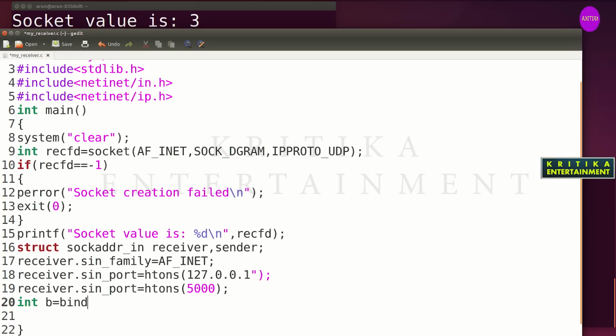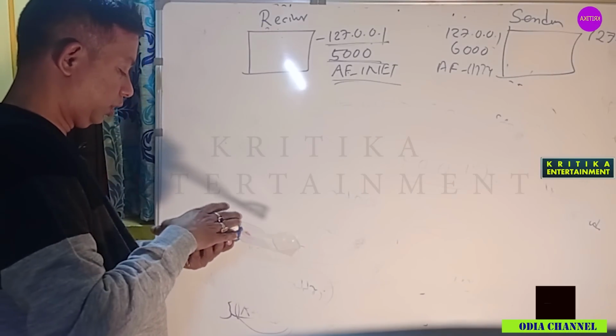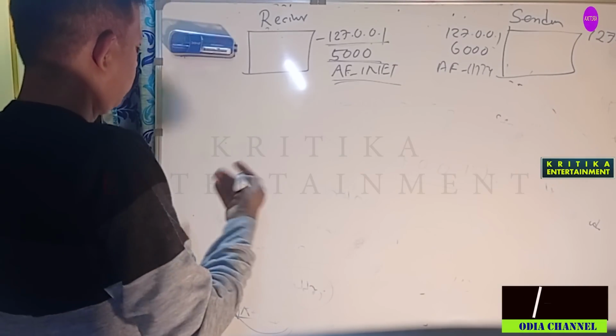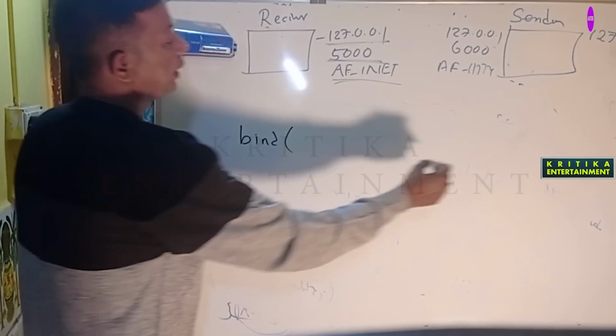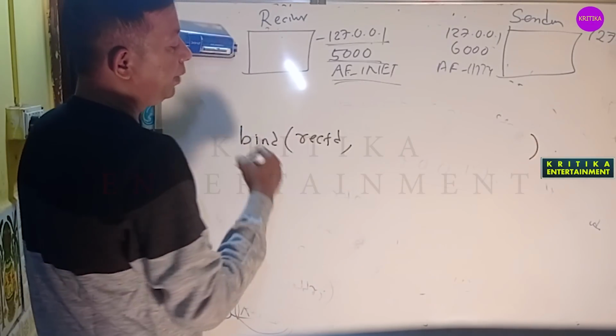In the bind function there are 3 parameters. First is RECFD, receiver FD.